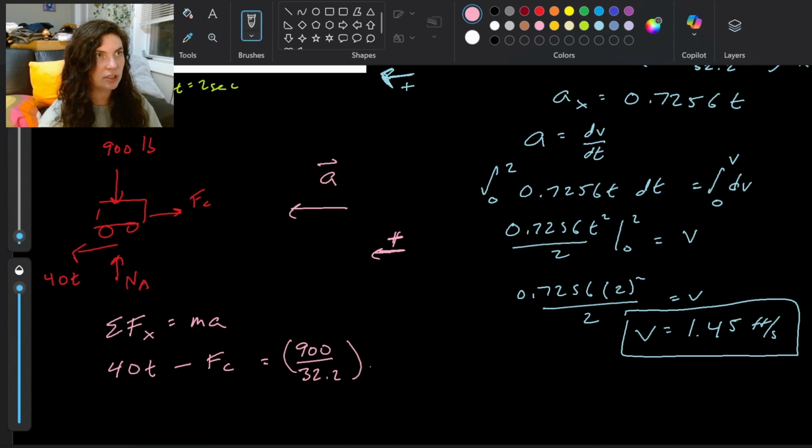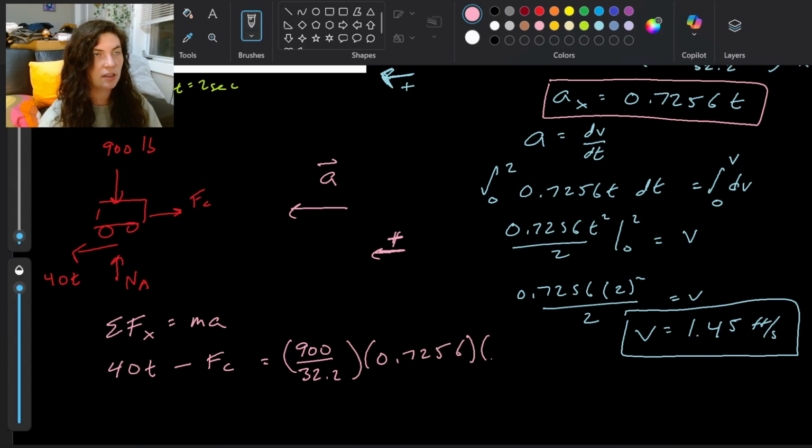times acceleration. And my acceleration at this instant, my acceleration ax, I have a relationship for that. It's 0.7256t, so 0.7256 times 2, at this instant at the 2 seconds. So we're going to plug in the 2.